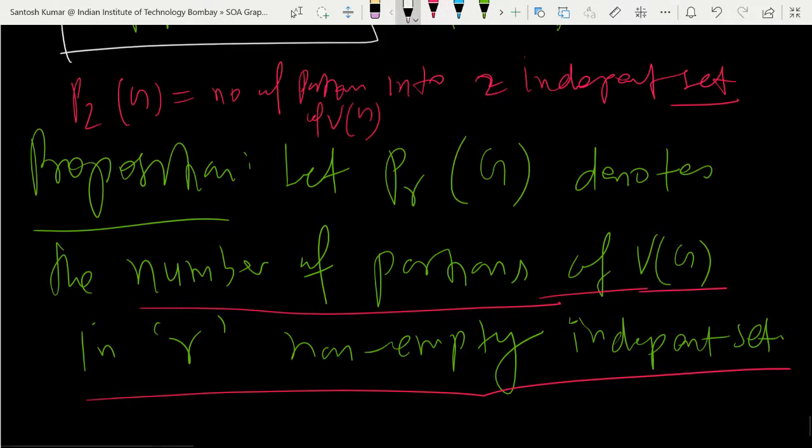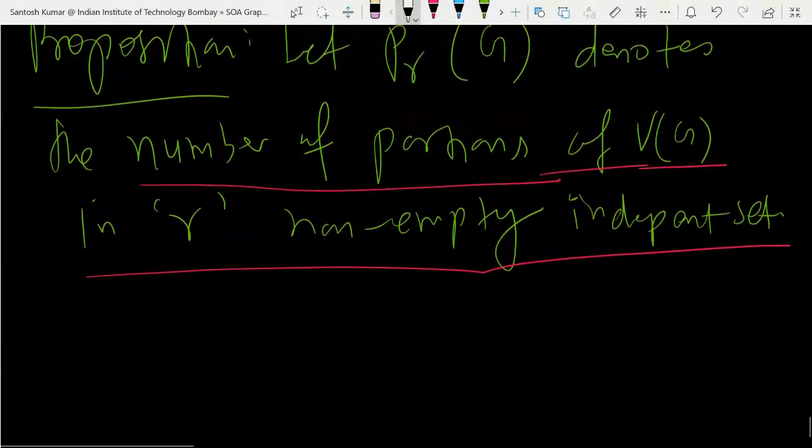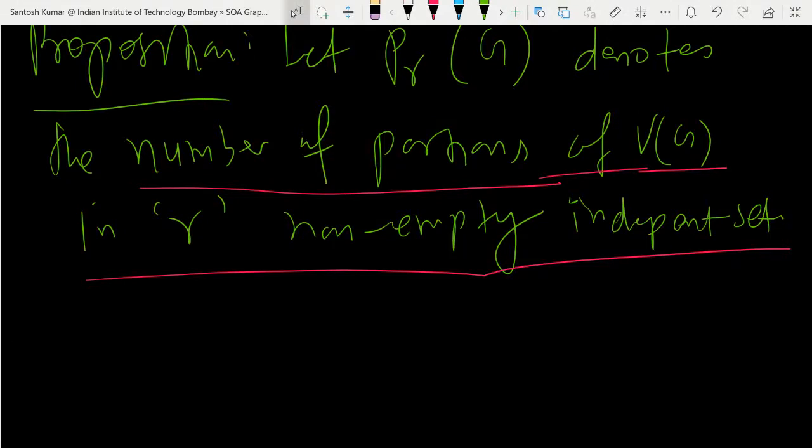Okay. Now, so let me continue this. So Pr(G) is the number of partitions of the vertex set into r non-empty independent sets.